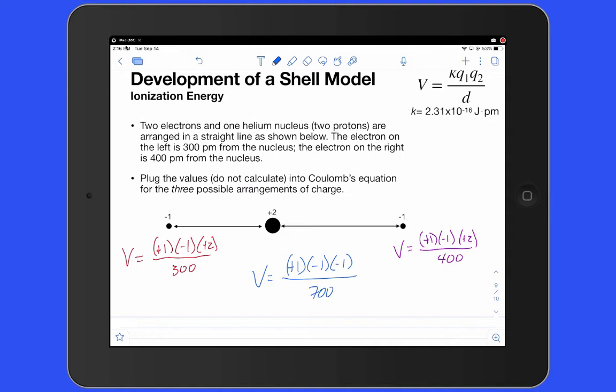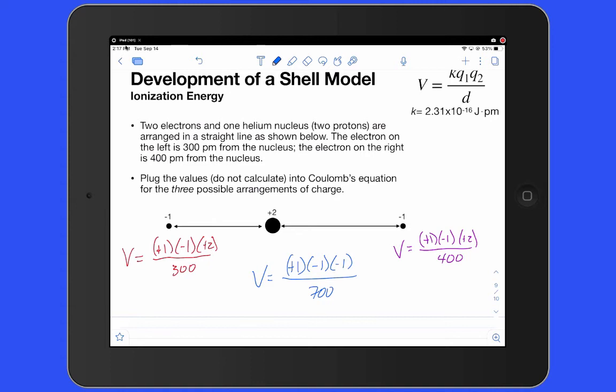So you have 2 electrons, right? How far away from each other are they? You have the electron on the left and the electron on the right.